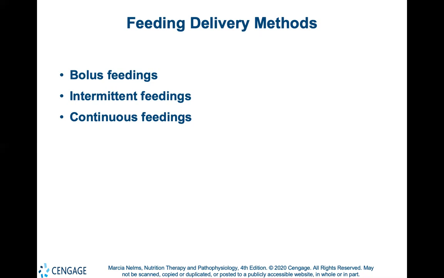Continuous feedings are easier and less time consuming for staff to administer than bolus and intermittent feedings. A disadvantage of continuous feedings is the expense of the pump and the disposable equipment that is required for home use. Another drawback is restricted mobility for patients if the pump and other equipment are difficult to move.